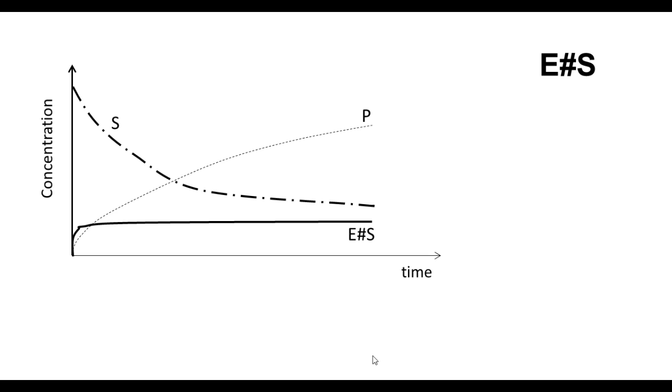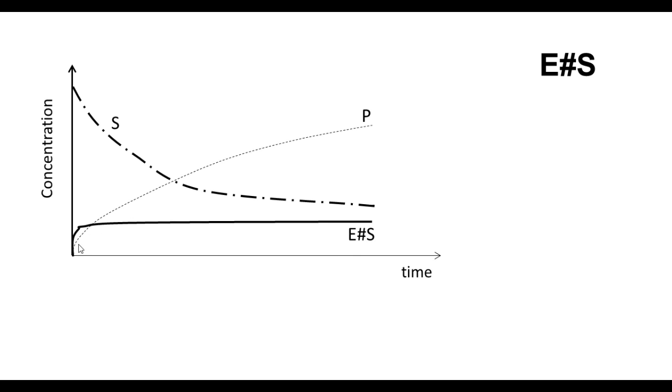Now, if we plot the concentrations of, let's say, the substrate, the product, and the enzyme substrate complex versus time as the reaction proceeds, it will be something like this. The substrate is going to react to give the product, therefore that goes down. The product is going to get formed, therefore that keeps going up.